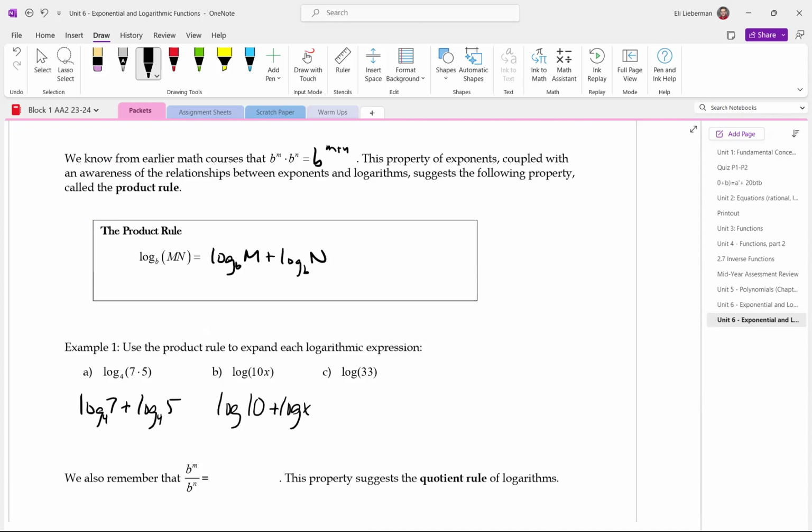So it's like log base 10 of 10. What is that? Show me what that is. It is 1. Yeah, so this is just 1 plus log of x. Would we lose points if we didn't write that?